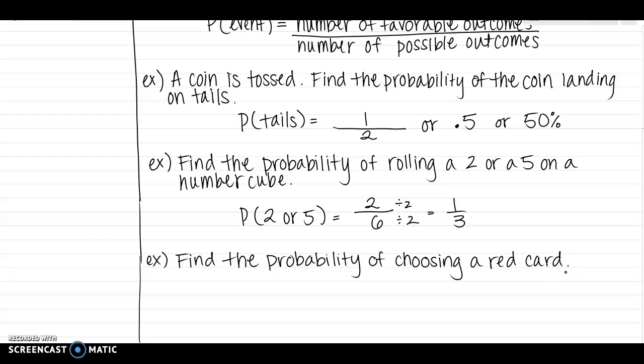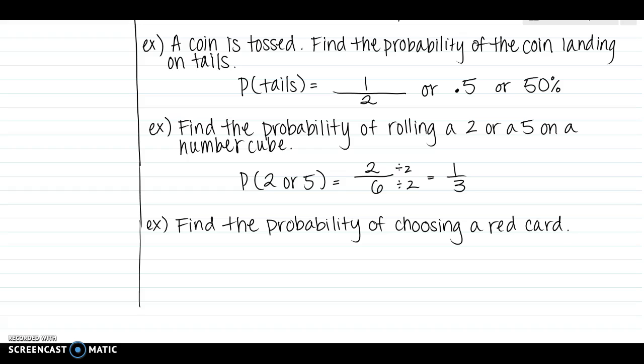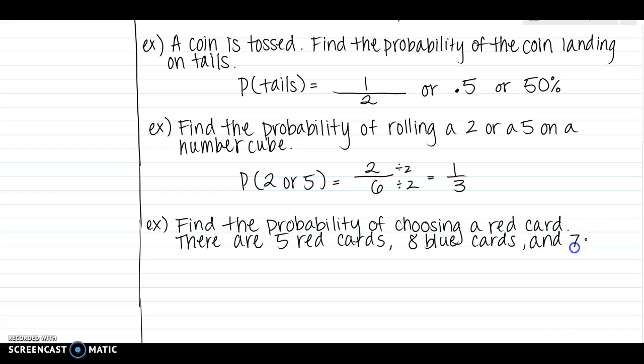And maybe inside, wherever we're choosing this from, a bag or a deck of cards or something, let's say there are 5 red cards and 8 blue cards and finally 7 green cards.